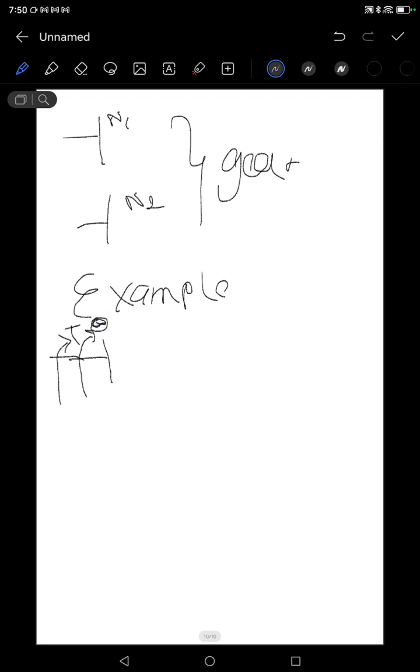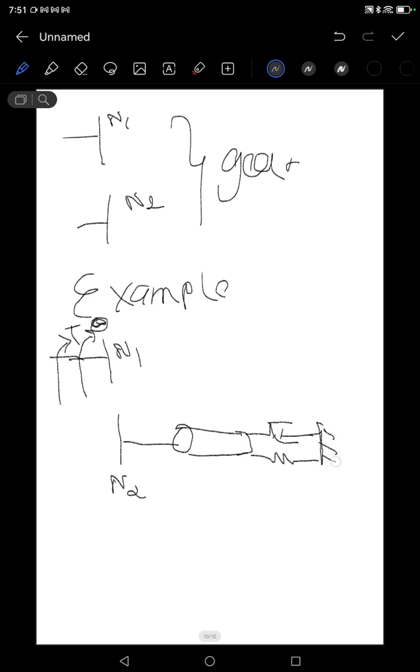Let's say this one is our first gear, and this one is our second gear, N2, like this. And then this second gear is connected to an inertia. On the inertia we have a damper and a spring, which is connected to the wall. Here we have theta 2, and here we have theta 1 and torque, which is just torque.